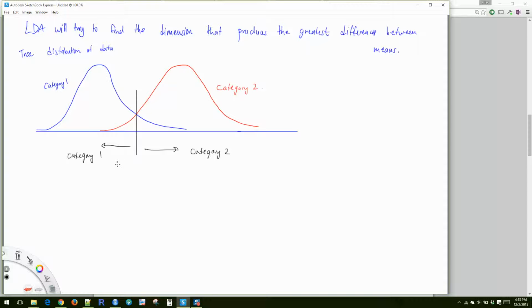Category 2, this is our decision boundary. It's going to get things wrong if there's a good amount of overlap. But if you're making decisions based on a single variable, you've got to draw some kind of line and hope that that's the best spot.